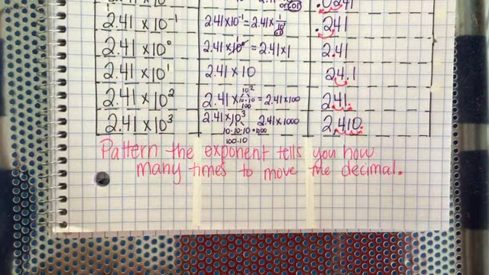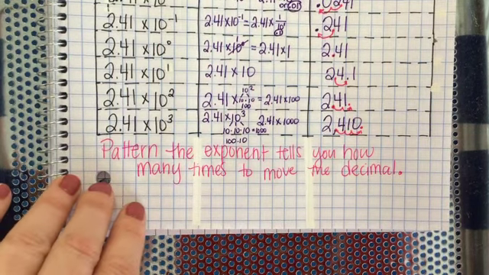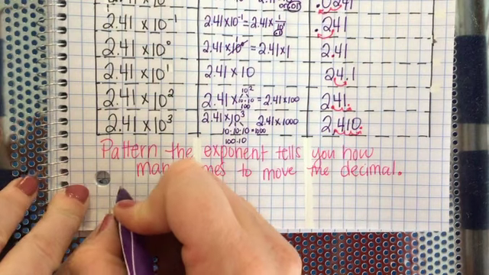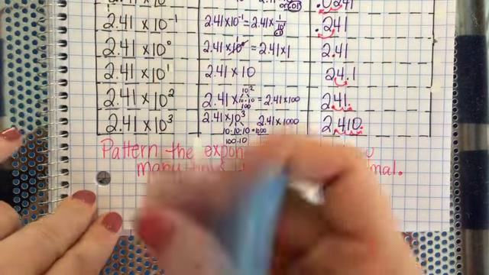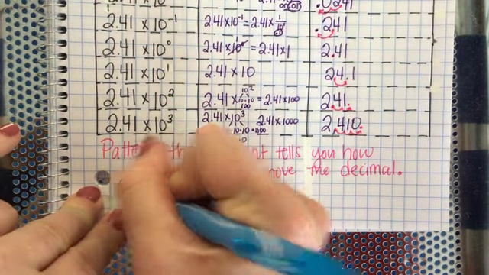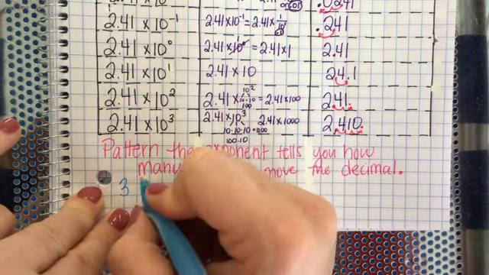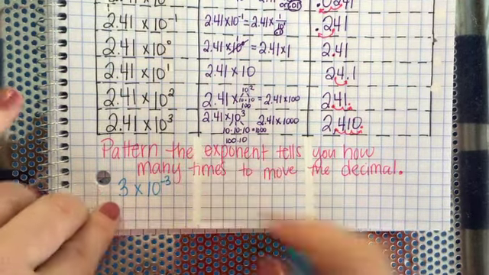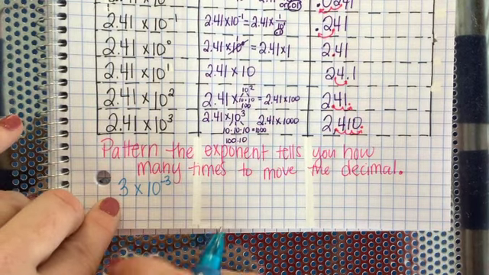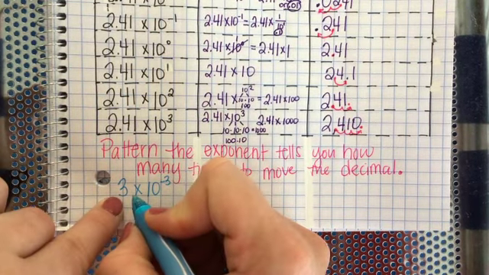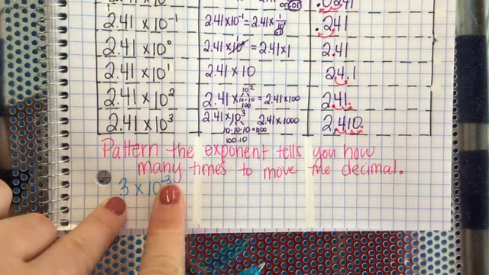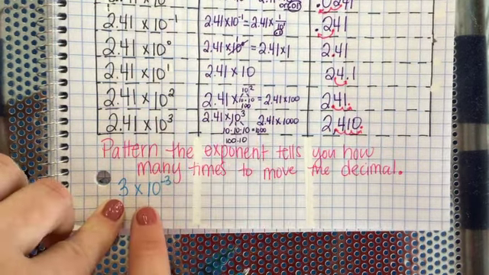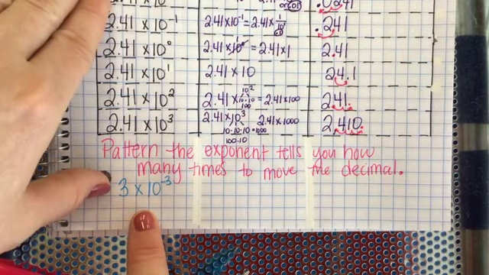Okay, let's do another example, and then you can start on your assignment, and that will be it for today. So 3 times 10 to the negative third. We might actually do 2 examples just to make sure. You could expand it out just to make sure that you know what you're doing.